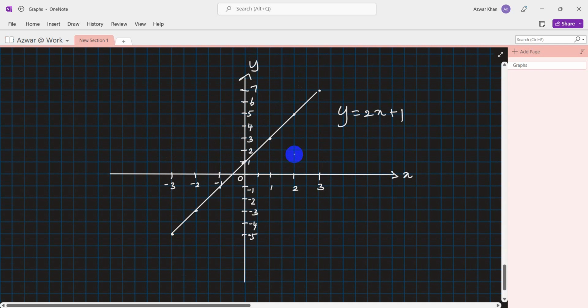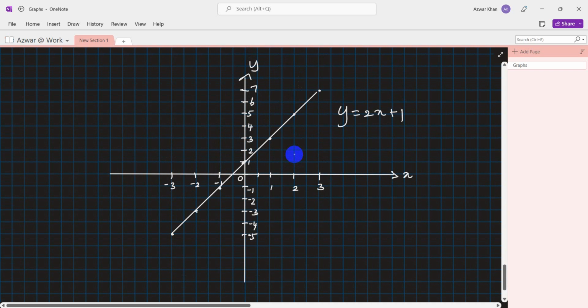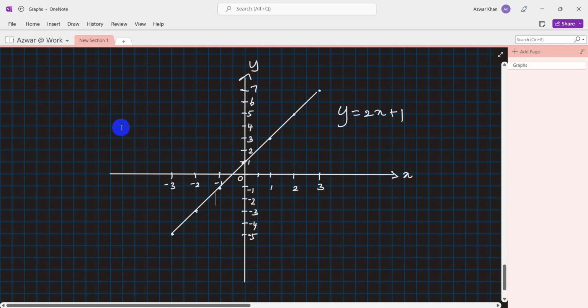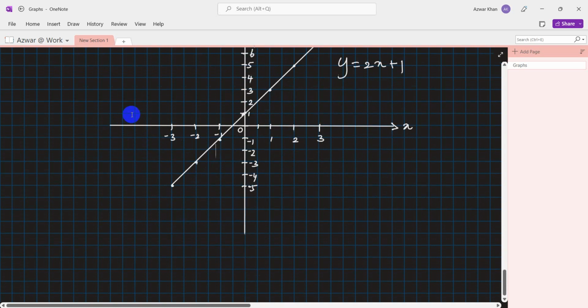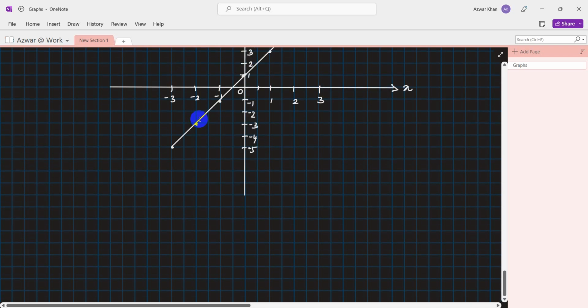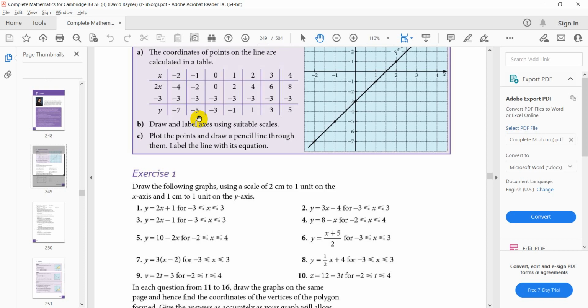Then simply plot the derived coordinates, and finally you will end up with the graph. So it's very simple to draw and you can easily gain marks for this question. I hope you have understood how to draw a straight line graph with the given x range and find the corresponding y values.